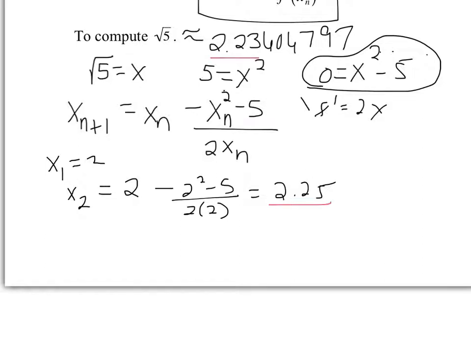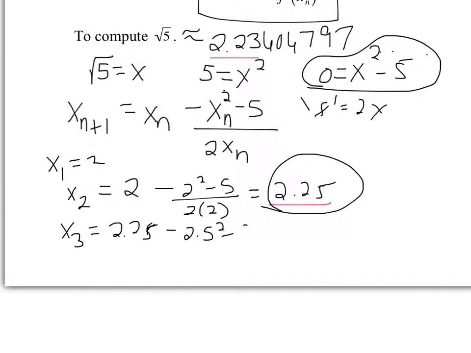So I'm going to repeat this process, but this is my new x sub n. I'm going to plug that in to get x3, as 2.25 minus 2.25 squared minus 5 over 2 times 2.25. When I do that, I get 2.2361, getting even closer.